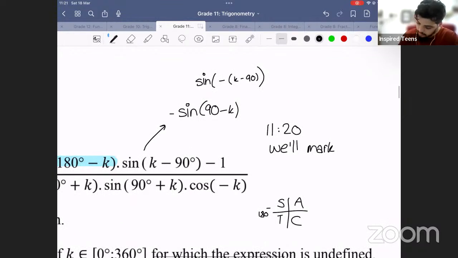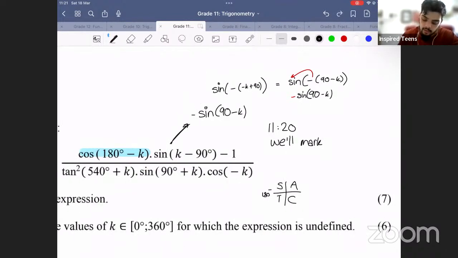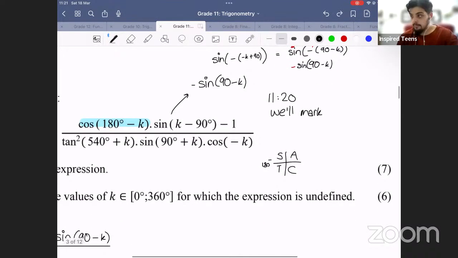When you take the negative bracket, it becomes negative k plus 90, which can be rearranged to sine of 90 minus k, still the same value. Taking the negative outside, it becomes negative sine of 90 minus k. Alternatively, you just take the shortcut, and you're not going to lose any marks.